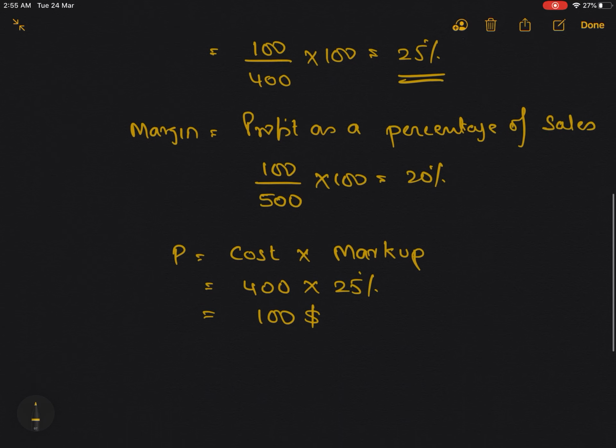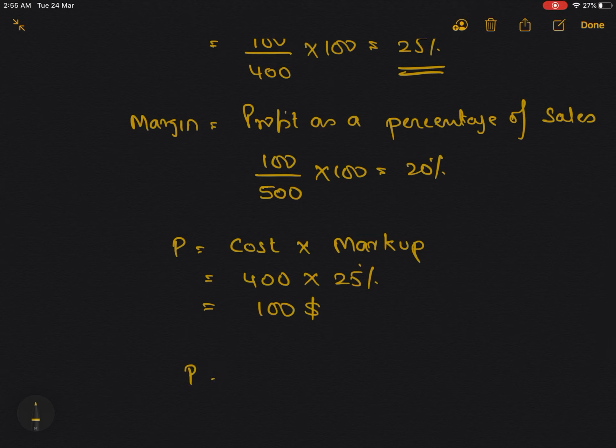Right? Or we can also write profit as sales multiplied by margin. That is 500 multiplied by 20%.